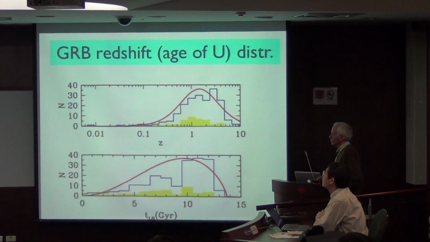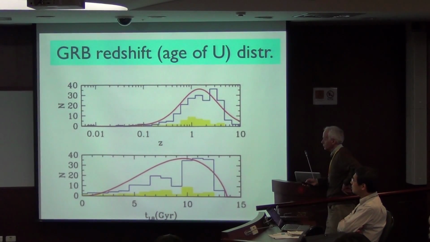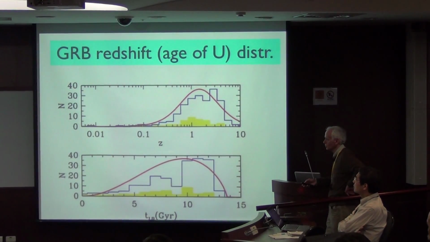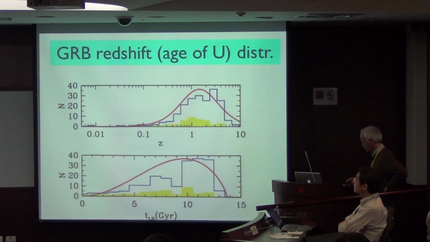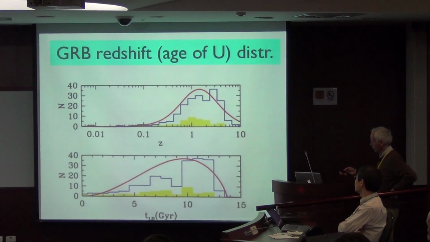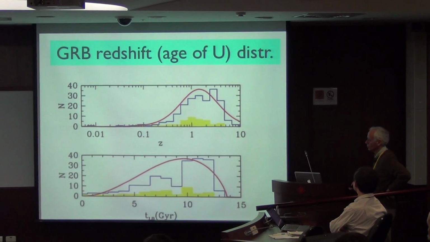Now, the distribution of bursts in redshift, as far as the observed ones, looks more or less like this. They peak around redshift 2 or 3, and they taper off as you go to higher redshift. If they're connected to star formation, then these should have some connection to the star formation rate. Here is the same plot in terms of the look-back time.